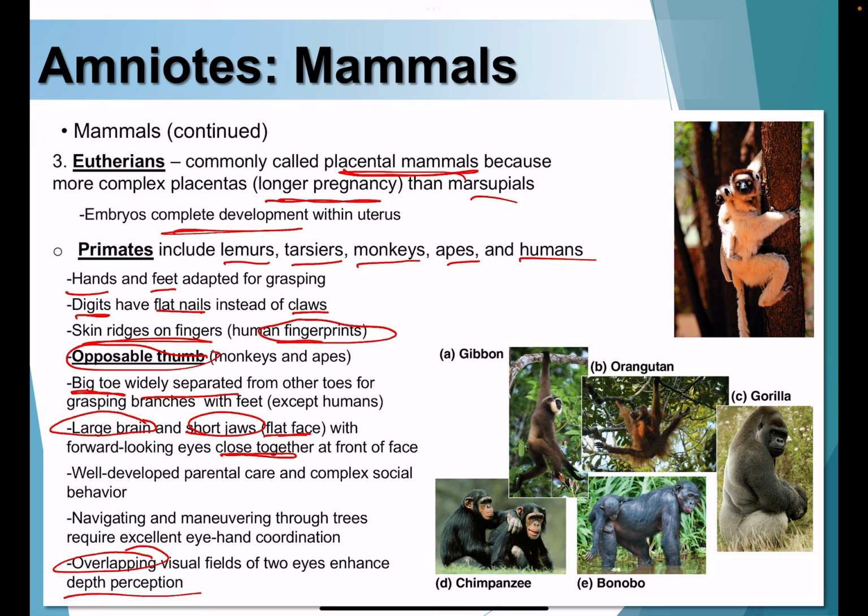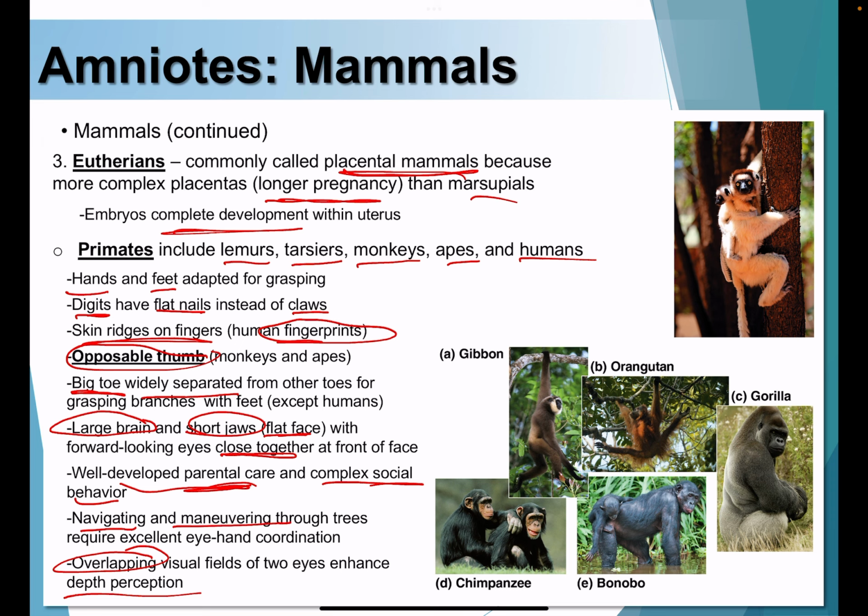And primates have really well developed and very extended parental care. We can also exhibit very complex social behavior. We can show love, we can show anger, we can show that we're unhappy, crying, etc. So these are things that primates can do as well, in addition to humans. And at least primates can navigate and maneuver trees.